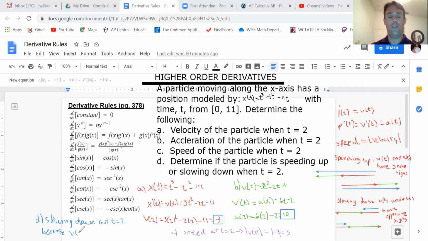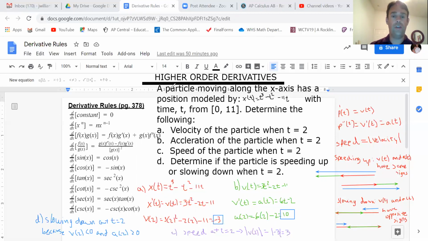Be specific. Because v of 2 is less than 0, and a of 2 is greater than 0. Okay?